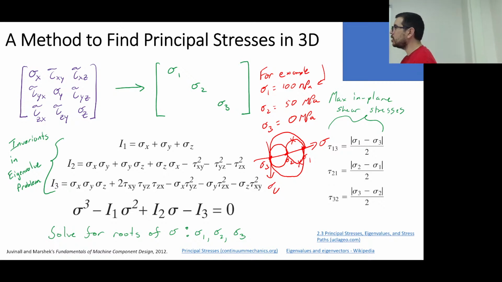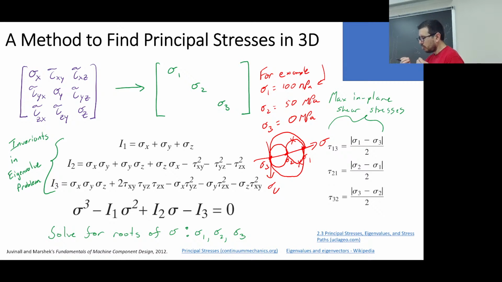And this is what we're talking about when we say absolute maximum shear stress, right? Because there are now 3 combos that we have to think about. We have to think about what's happening between x prime and y prime, what's happening between y prime and z prime, and what's happening between x prime and z prime, or 1-3.